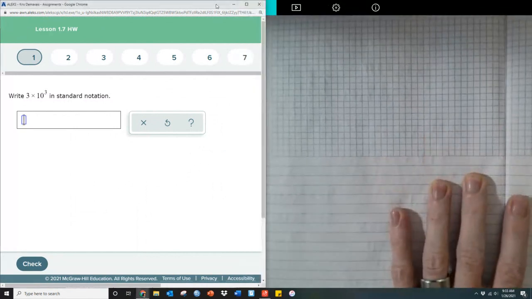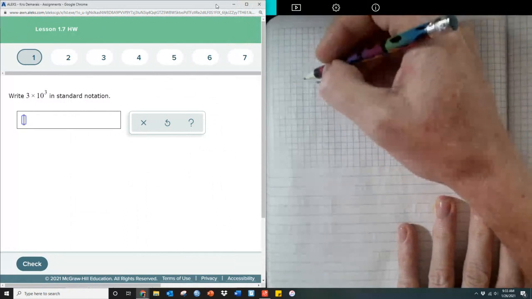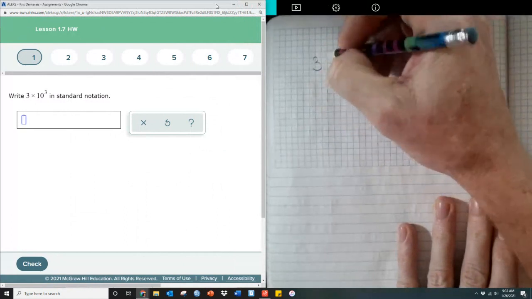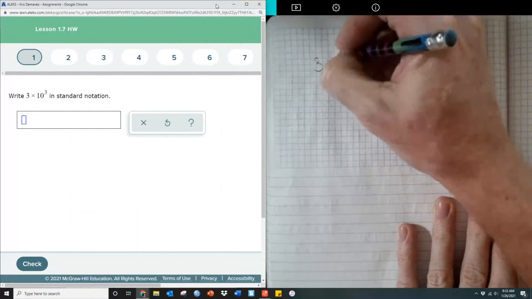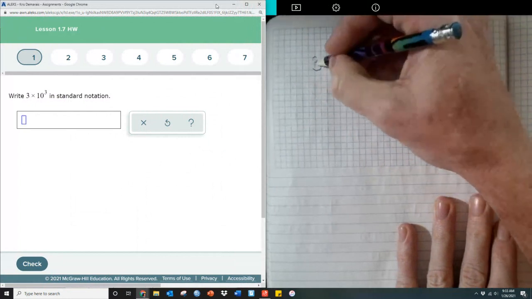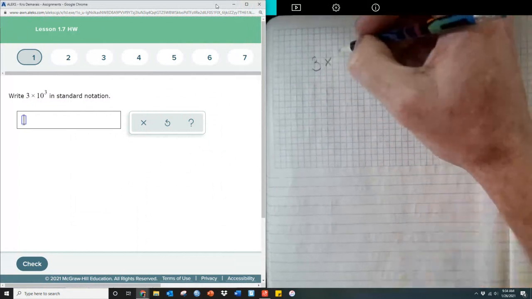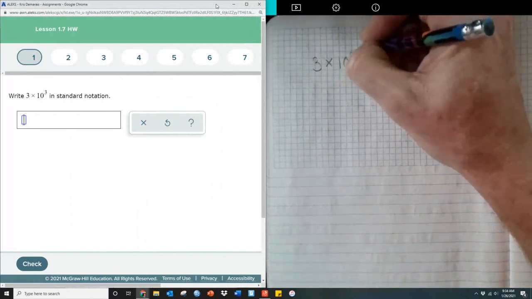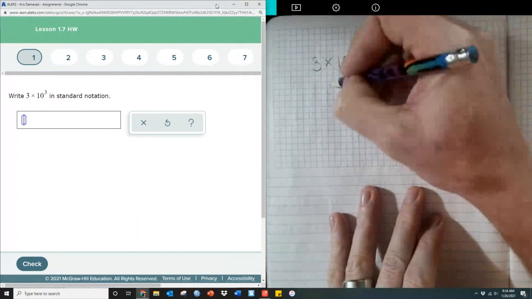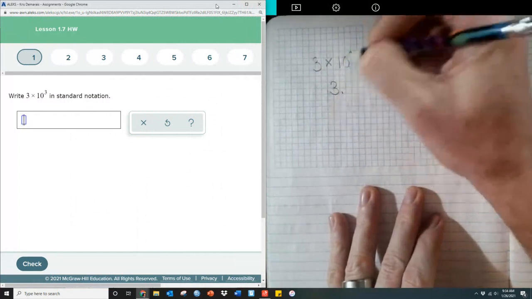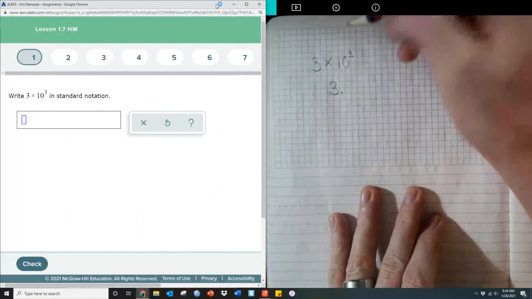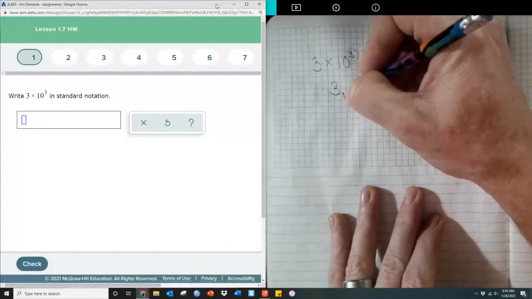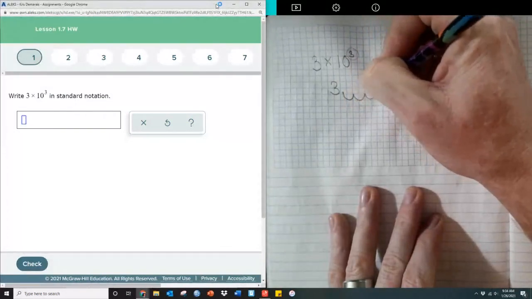All right. Now, with writing scientific notation into standard form or standard notation, it's looking at a number between 1 and 10. 3 is in between 1 and 10. So what this has us do is take the decimal point, which is located after the whole number 3, and move it, if the exponent is positive, to the right 1, 2, 3 units.